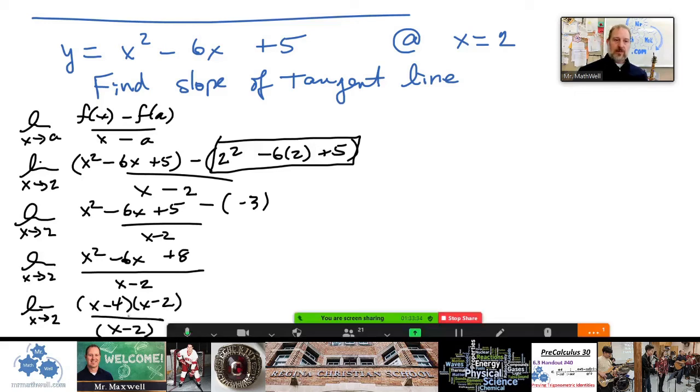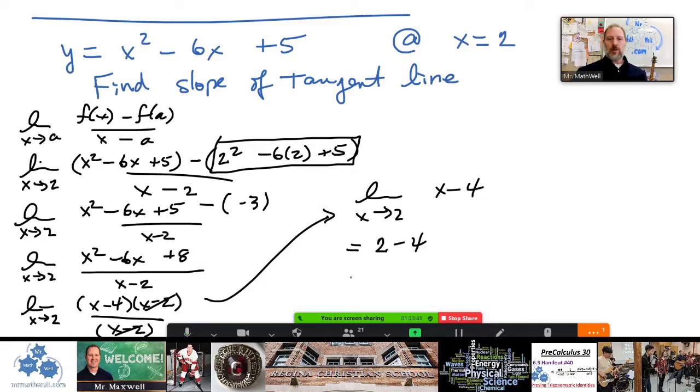Well, that's great. We have an x minus 2 on the top and an x minus 2 on the bottom. So we've got the limit as x approaches 2, and this simplifies to x minus 4. If I plug my 2 in for x now, I've got 2 minus 4, and it looks like the slope is negative 2.